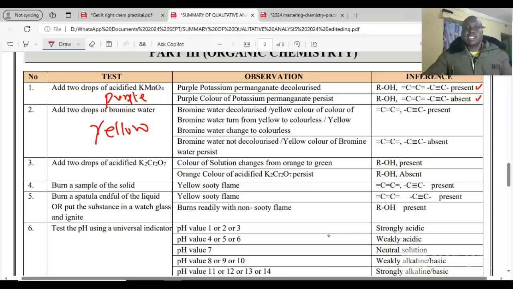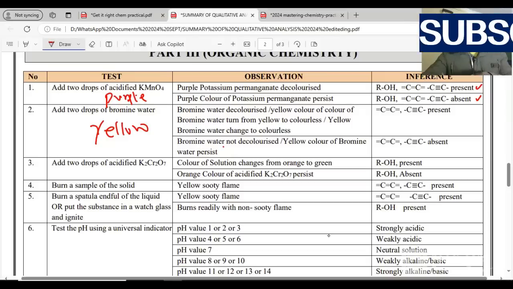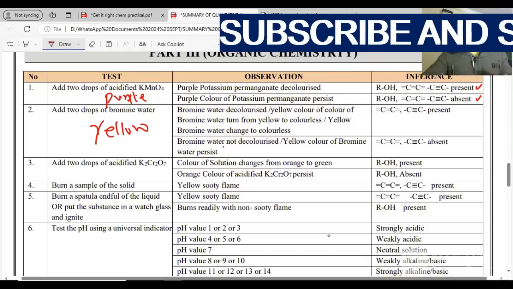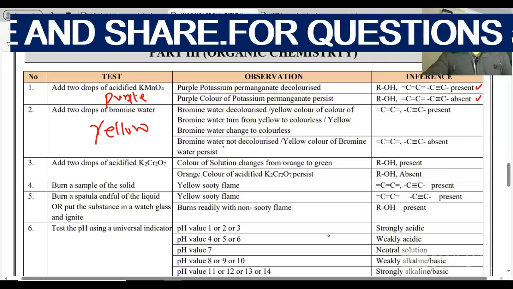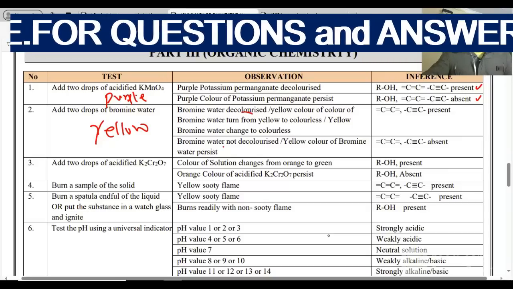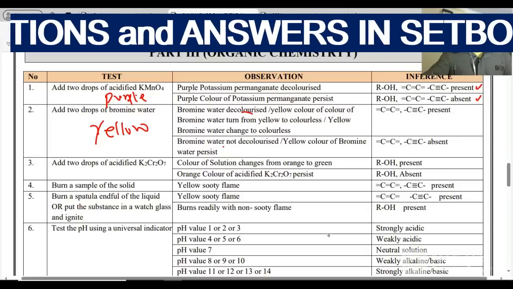In other words, the color has changed from yellow to colorless. This one is very important, wakati ukisahau the color. If you forget the color of bromine, then just write bromine water is decolorized. Utakuwa umejisave. But if you say a different color, then you go wrong. Therefore, simply say bromine water is decolorized. If it is decolorized, then it means the alkene, the alkyne, the double.